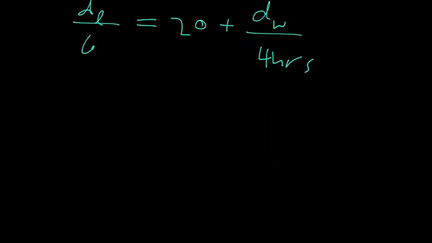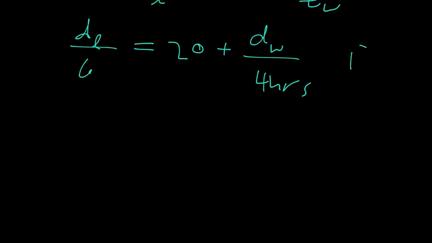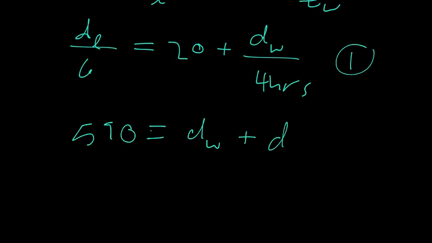I'm going to call this equation 1. And equation 2 is 590 equals the distance traveled on the winding road plus the distance traveled on the level road.